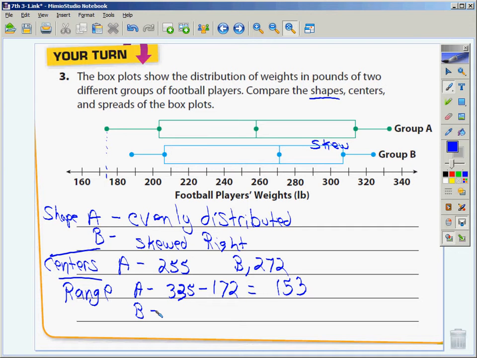What's the high in B? 325. And what's the low? 180 something, isn't it? No, it's 189. 188.